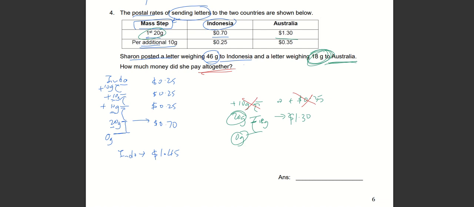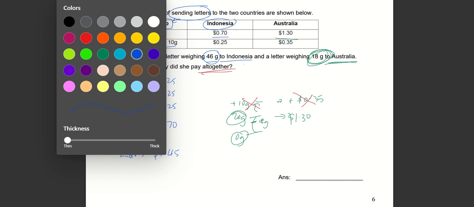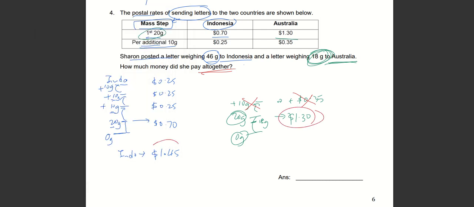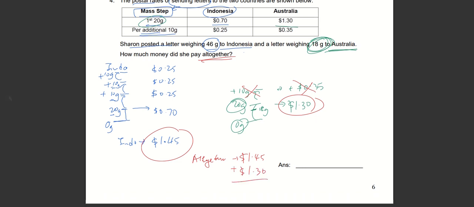So in the end, we will have to add up the two quantities, which is these two. So altogether will be, the Indonesia letter will be $1.45 plus $1.30 for the one in Australia.